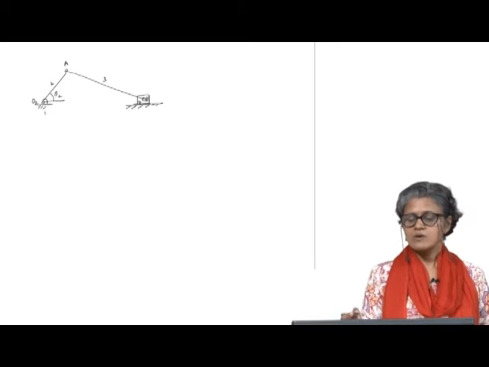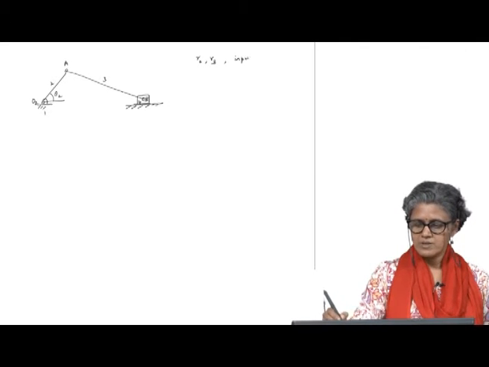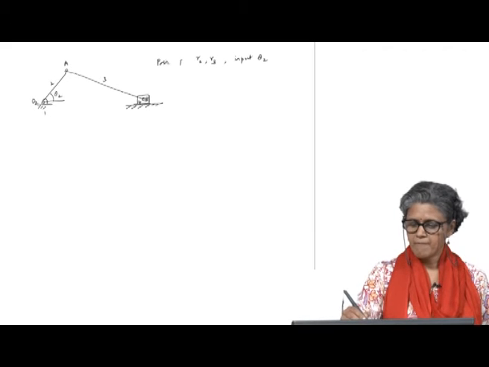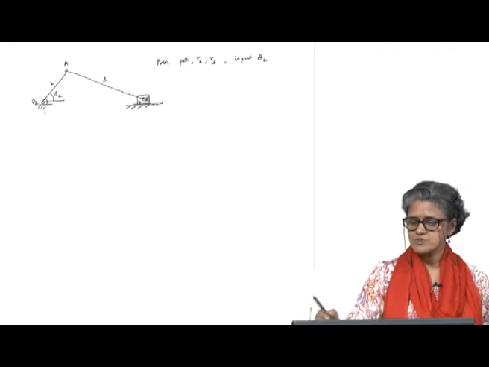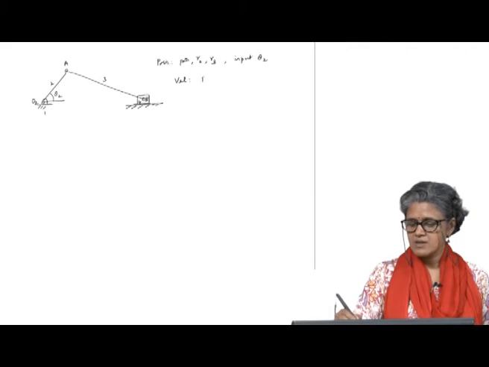So, here I know R2, R3 and input theta 2 for the position analysis. I know the path direction also, and then for the velocity analysis, position analysis is complete.